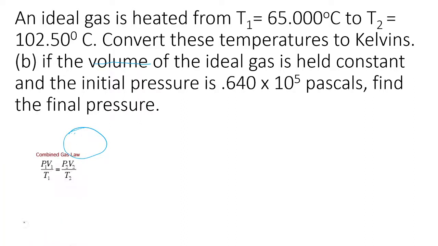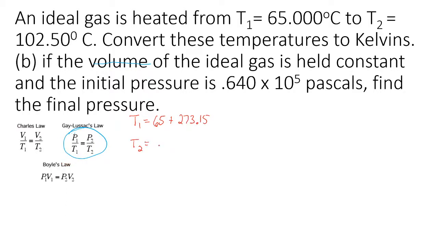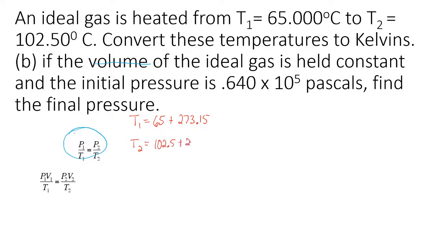First, it says right there, convert the temperatures to Kelvin. We're going to take T1, which is 65, and add 273.15, and take T2, which is 102.5, and add 273.15 to get our kelvins in both cases.